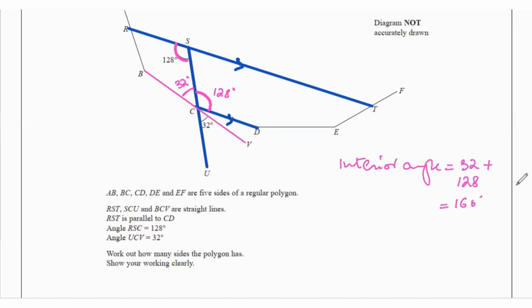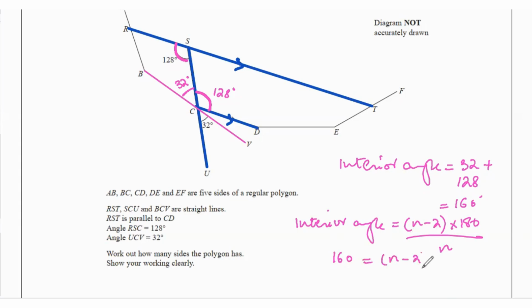So using the interior angle and the interior angle formula, we can figure out the number of sides. Interior angle formula is (n minus 2) times 180 over n, which means 160 equals (n minus 2) times 180 divided by n.